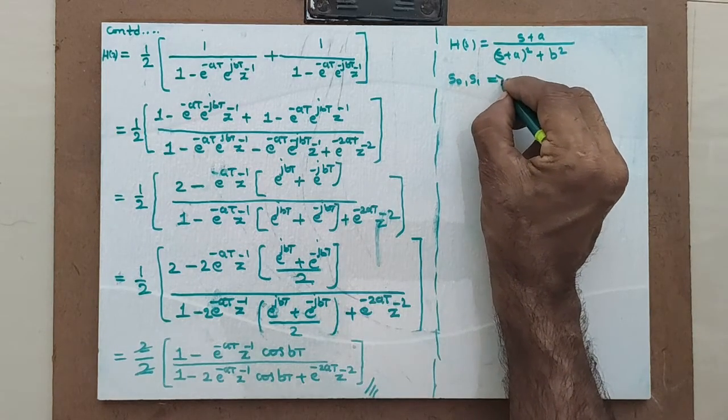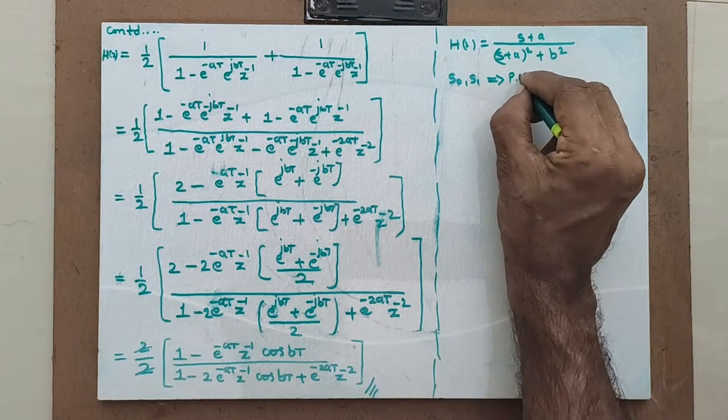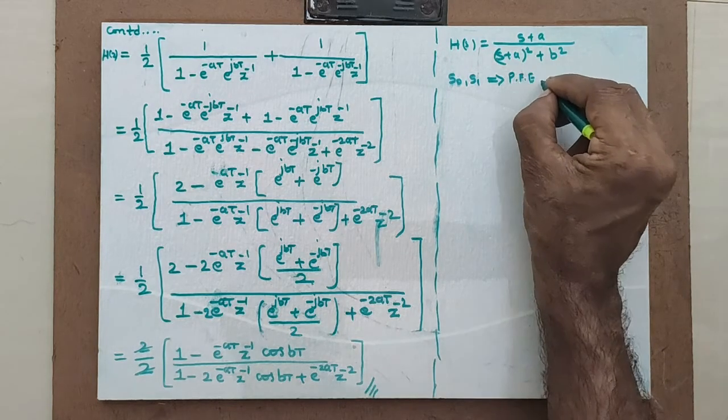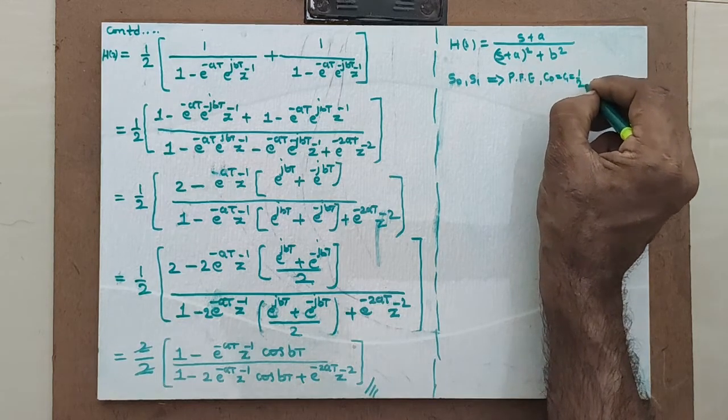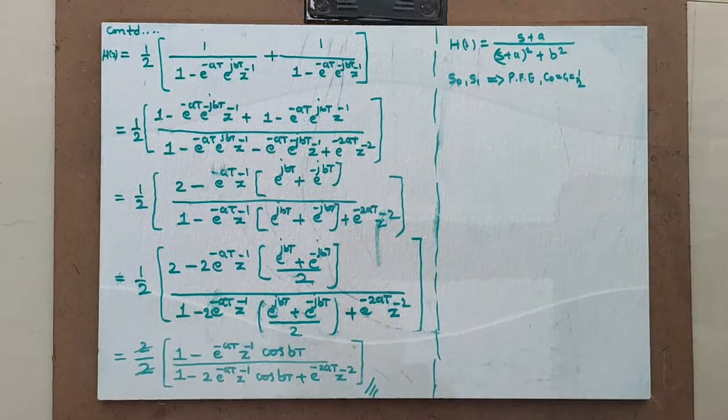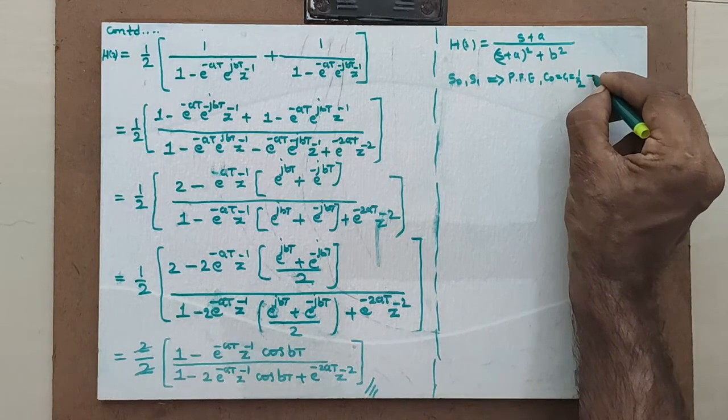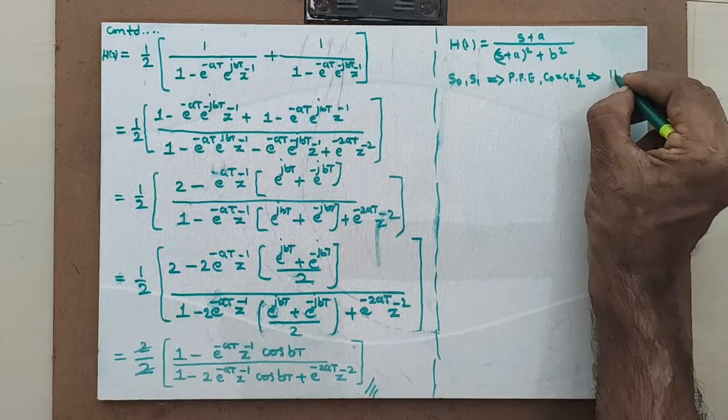After partial fraction expansion you found c0 and c1, both resulted into half. Then you applied impulse invariant transformation and found h of z.